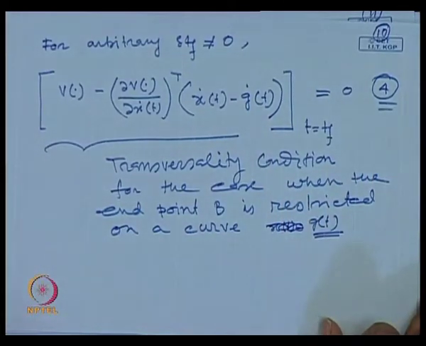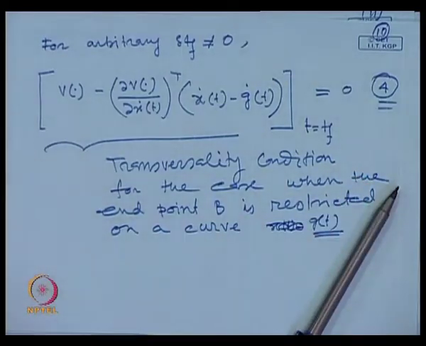And now, the question is, after solving this, you will get the trajectory x of t, x star of t, which is the optimal trajectory, agree. Now, what will ensure that this trajectory will give you the optimal value of the functional, optimal meaning whether it will give the maximum or minimum value of J?